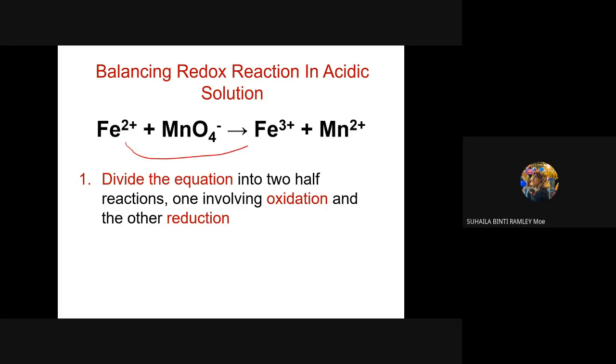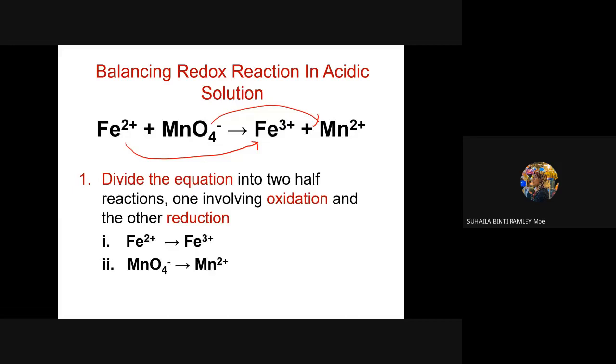Kalau Fe2+, produknya mestilah Fe3+. Apa yang ada elemen tu, itulah dia punya pairing. So actually satu oxidation and another one reduction. So we have two half equations ini. Satu ialah Fe2+ kepada Fe3+. Another one is MnO4- kepada Mn2+.